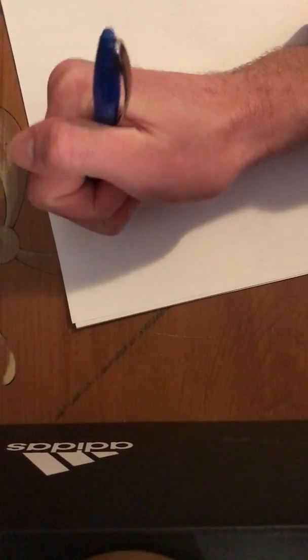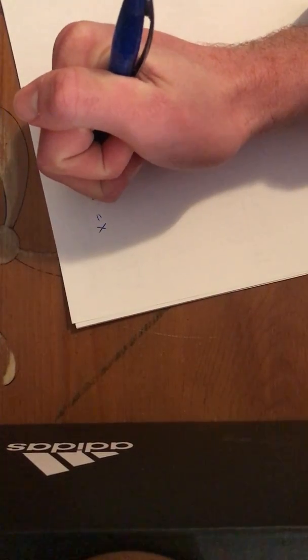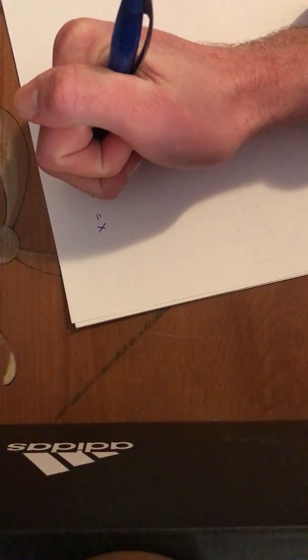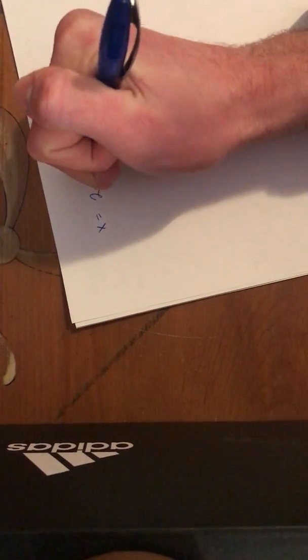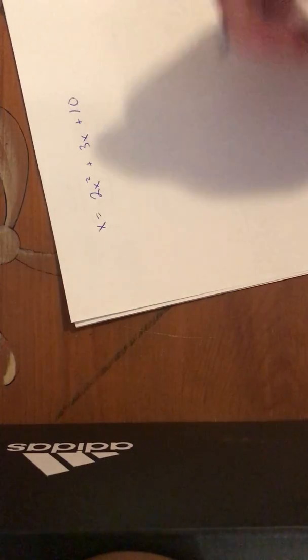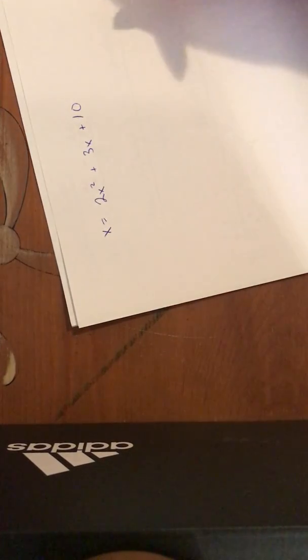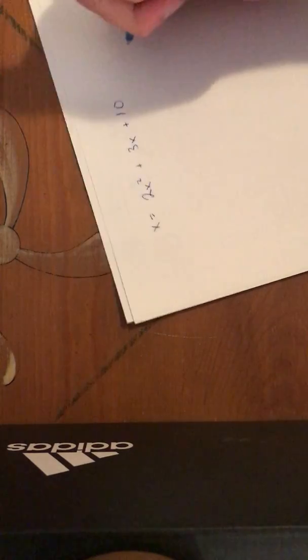We'll do one more, kind of like the physics example, because you'll probably need to know that. So if I have a position equation, x is equal to 2x squared plus 3x plus 10. That's my position equation. And I want to know the velocity.